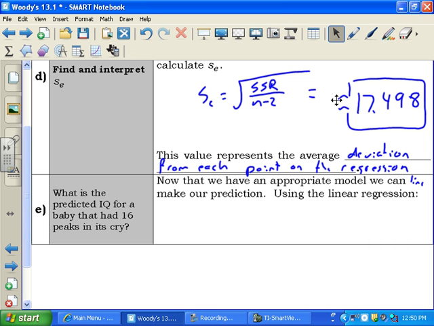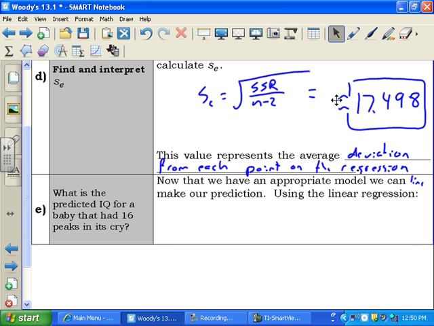The long version was y hat equals 91.4683 plus 1.4929x. I got 115.15.